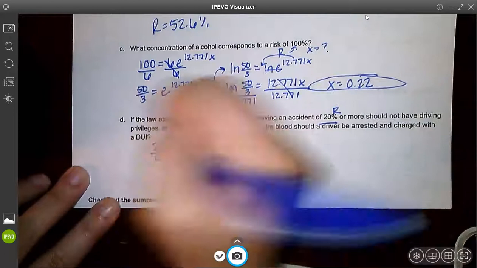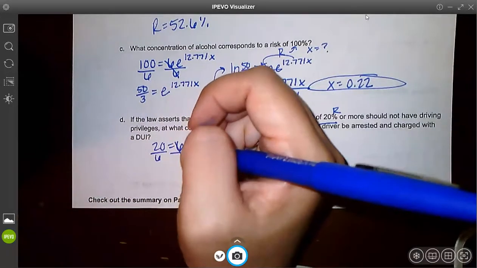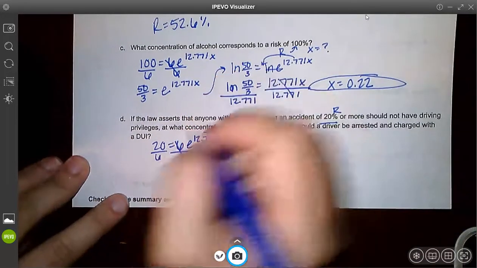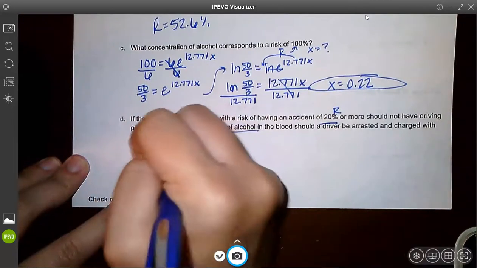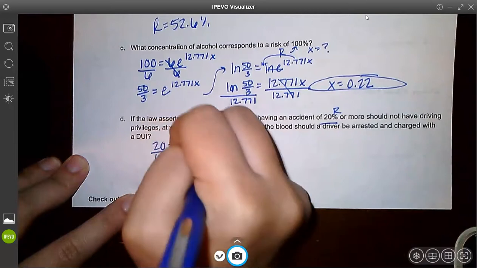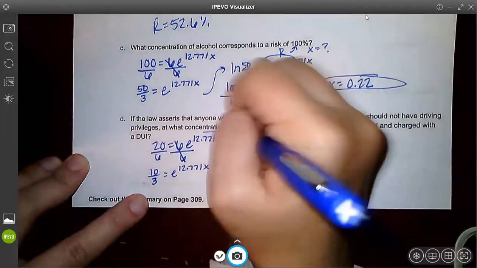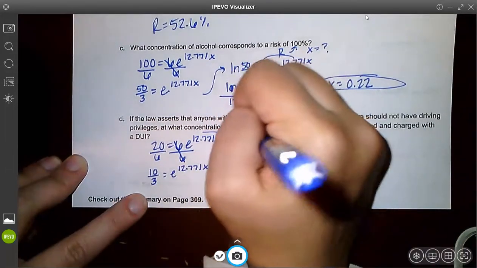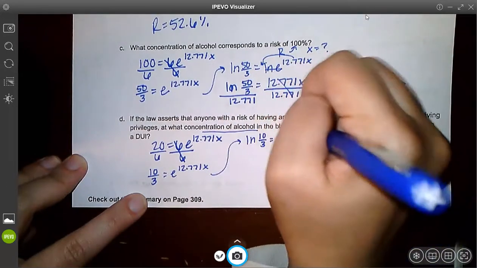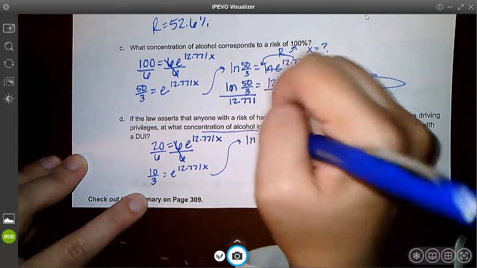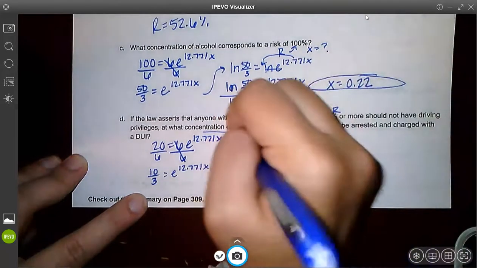And we're just doing the same thing we just did. Divide both sides by 6. Take the natural log of both sides. Bring this out front, cancel those out.